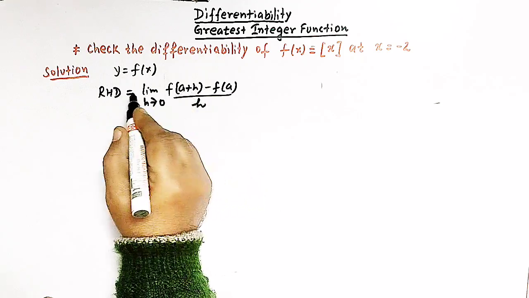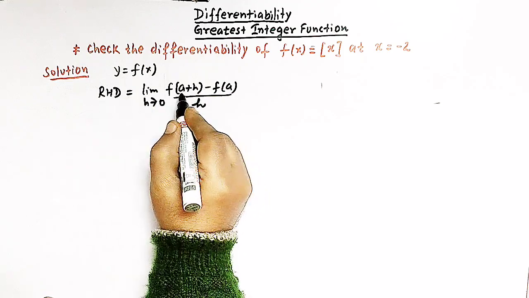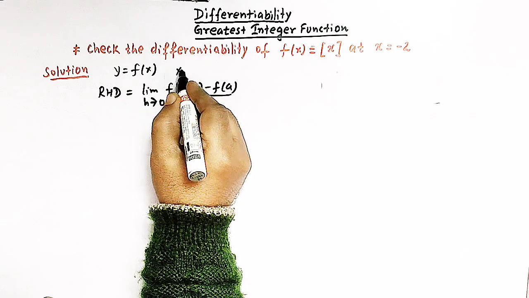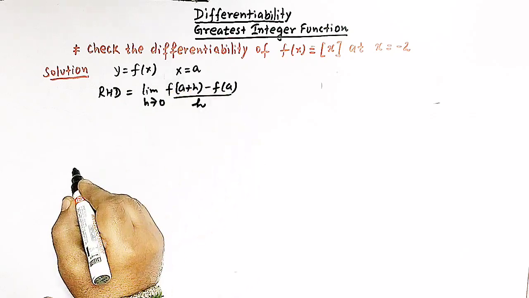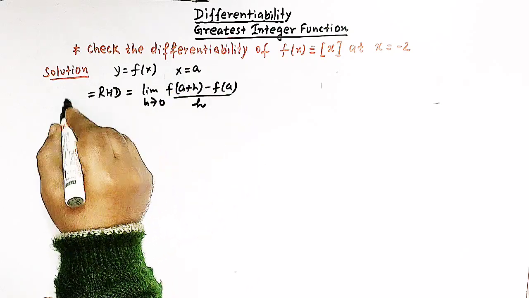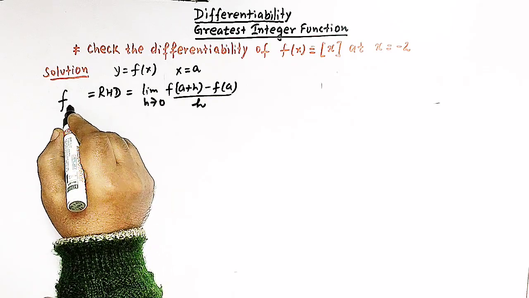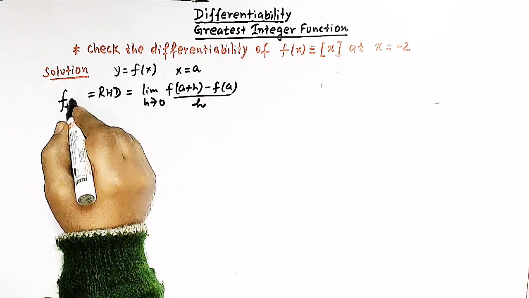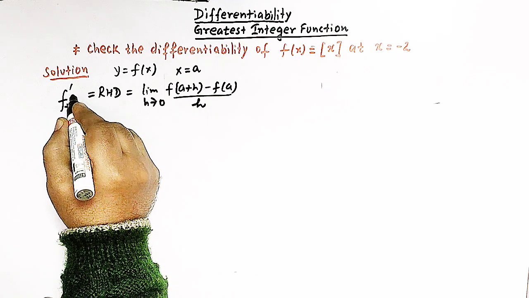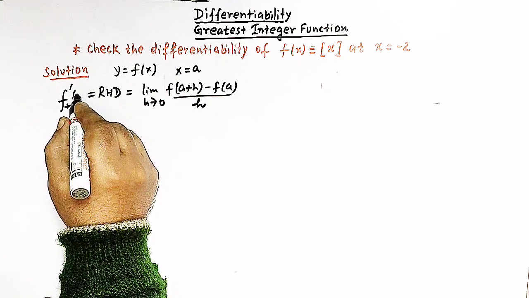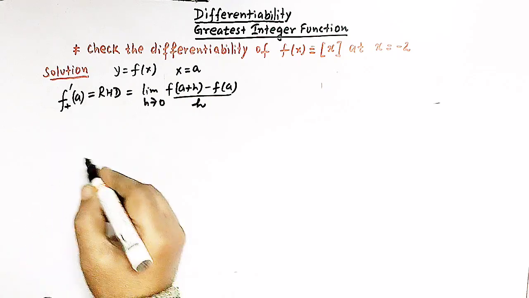This is the right hand derivative at x is equal to a, and we write the notation f prime a with a positive sign.